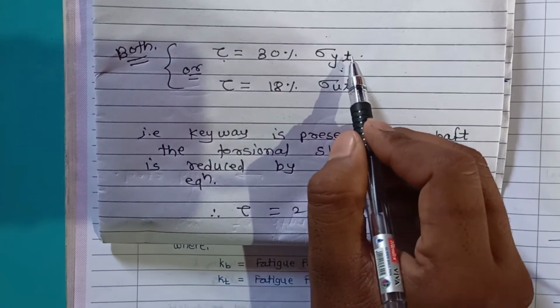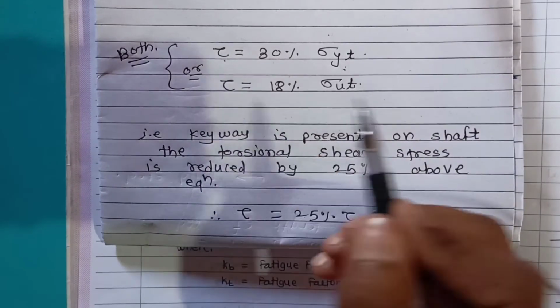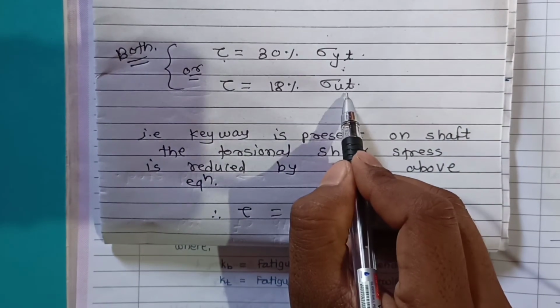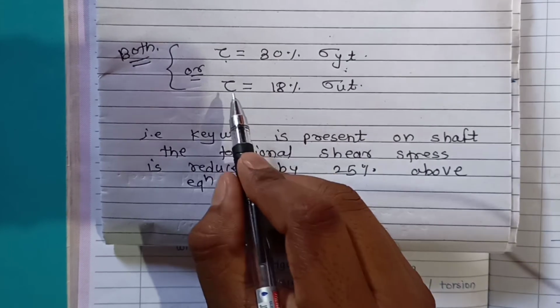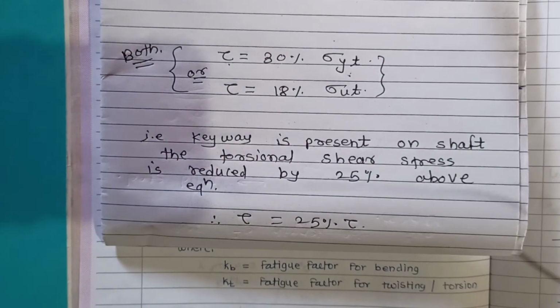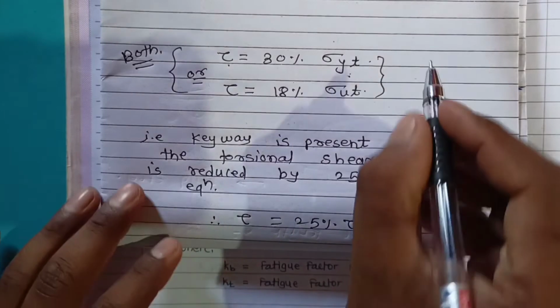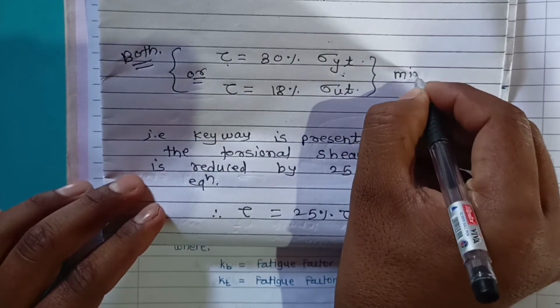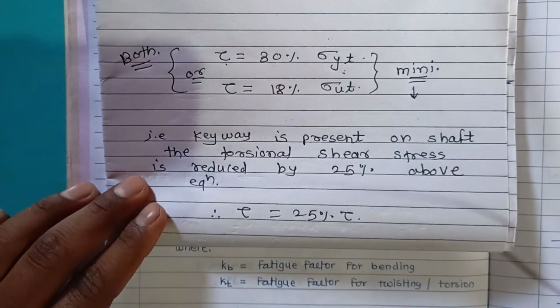Sigma yt is given, and from it we will find out the permissible shear stress, and also sigma ut is given, and from it we will find out the permissible shear stress. At that time, of both values, the minimum value is taken in the problem.